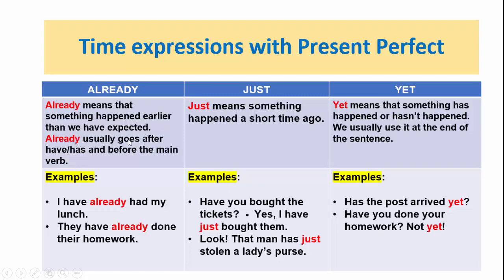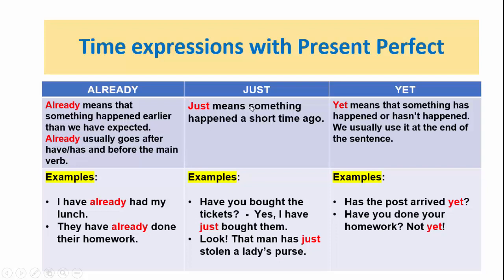Already usually goes after have and has and before the main verb. I have already had my lunch. As you can see, already is between have and has and the main verb. They have already done their homework.